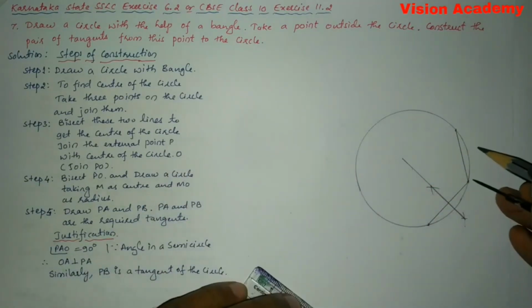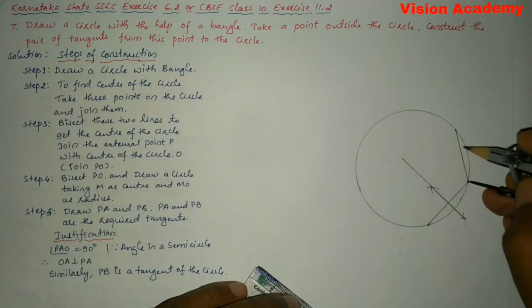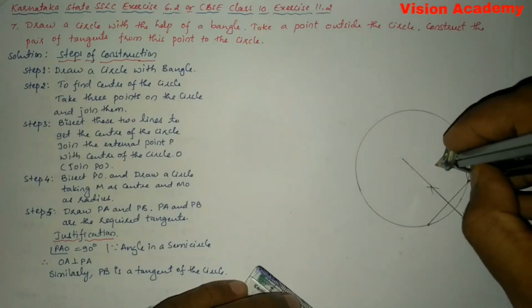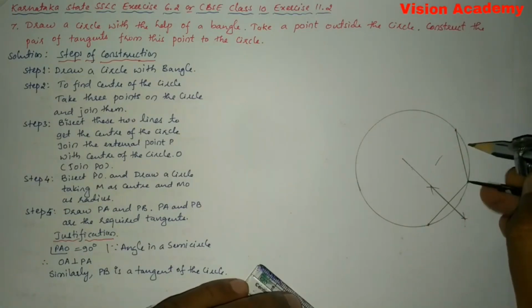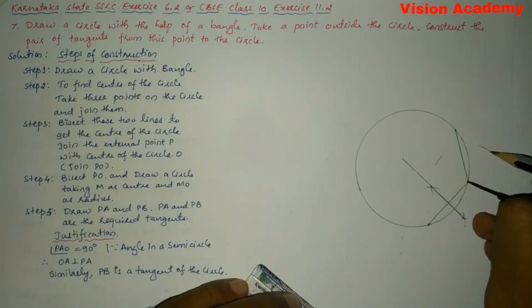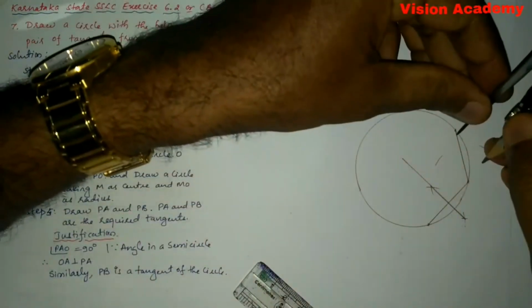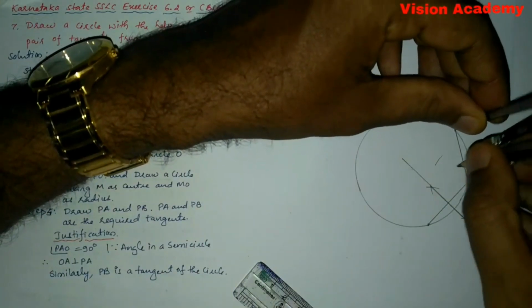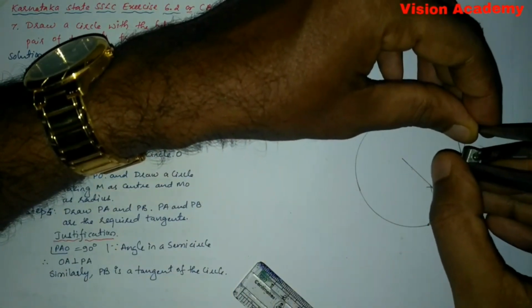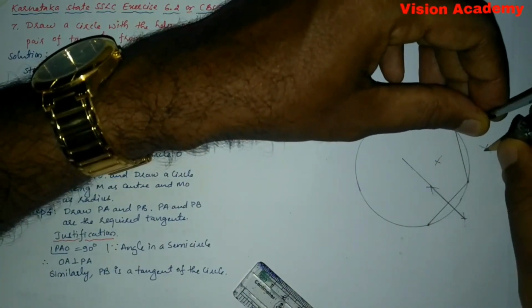Now let us bisect this particular line segment. We'll have to take a length more than half of the length of this line. Next, keeping on this point, let us cut this arc here and this arc here.